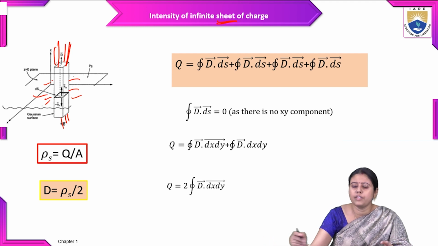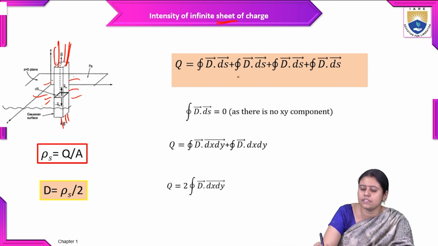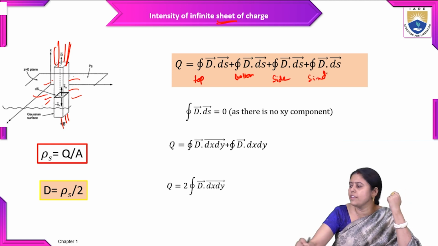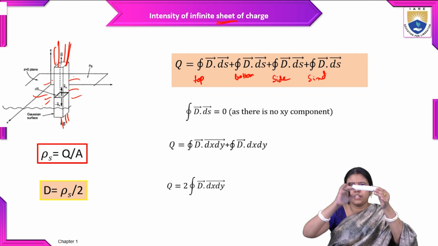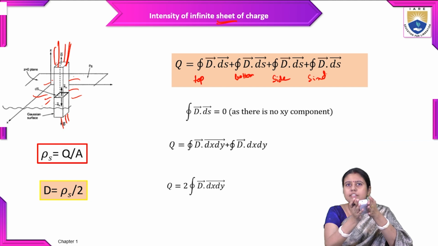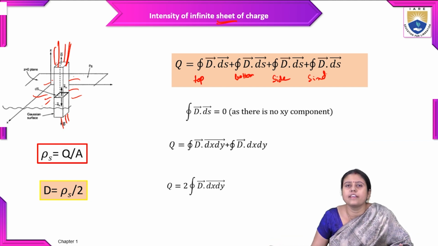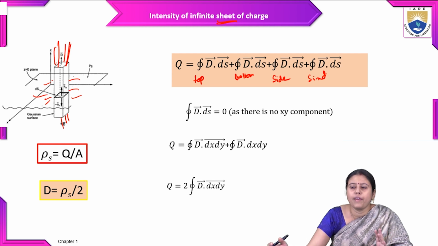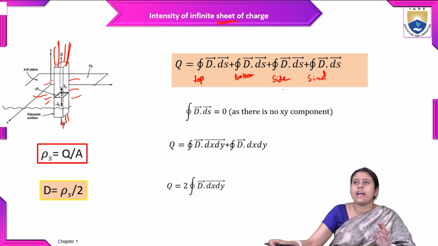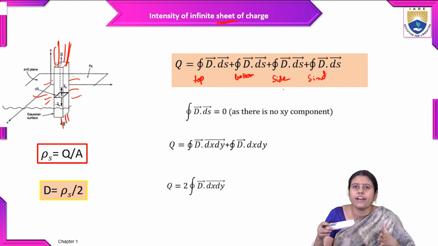So one is the top, one is the bottom, and the sides. As this is of infinite length, we can assume the sides are always 0.